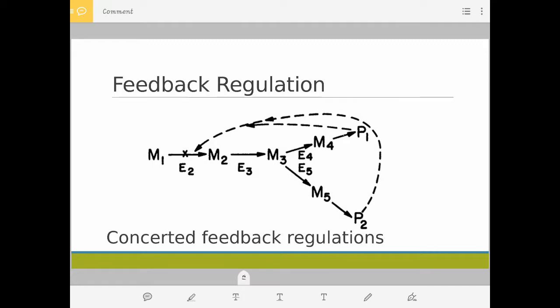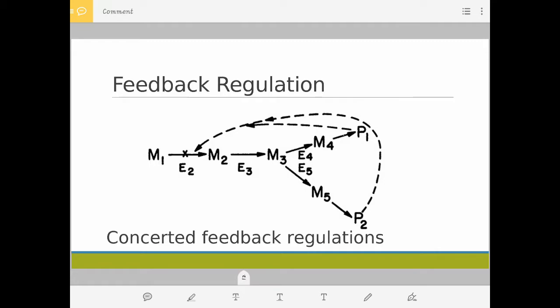Now, in concerted feedback regulation, the enzyme responsible for the first reaction, enzyme 2, or E2 here, is inhibited by both P1 and P2. So the end products inhibit enzyme 2. What do we mean by both inhibit?